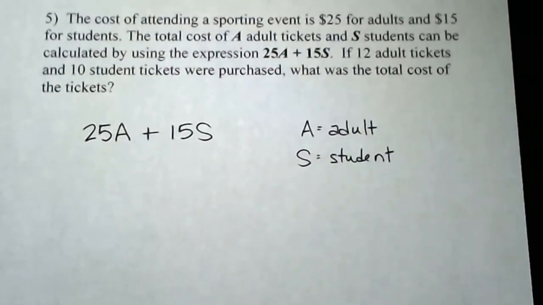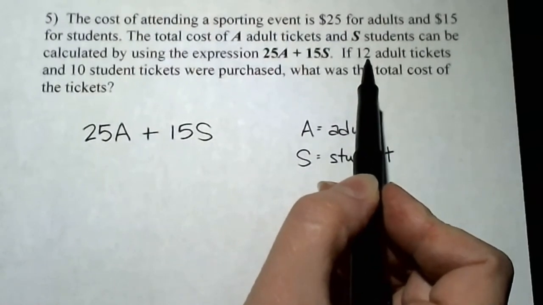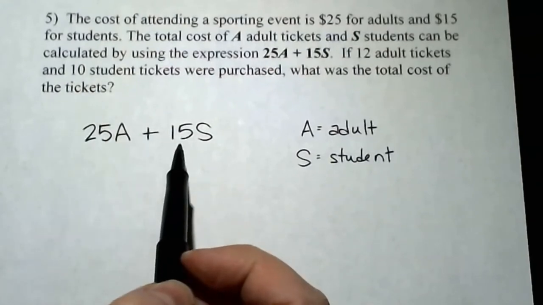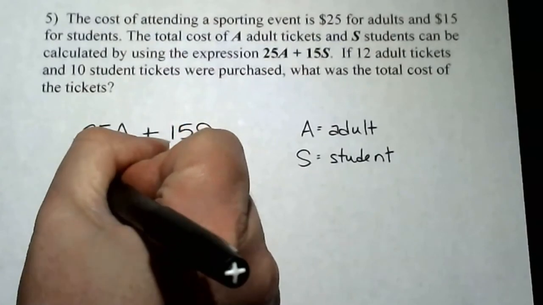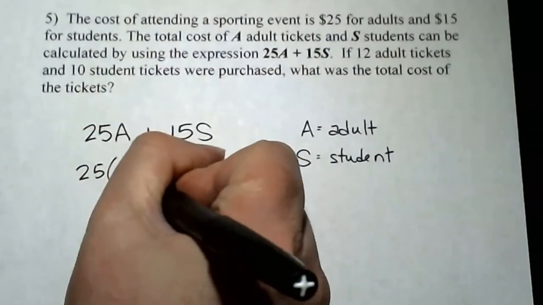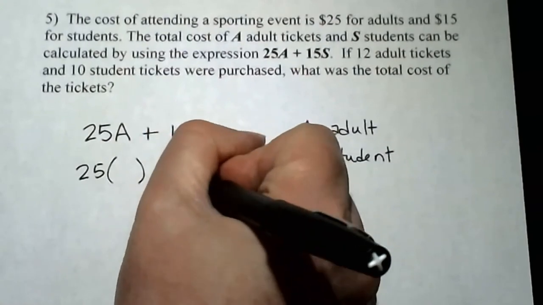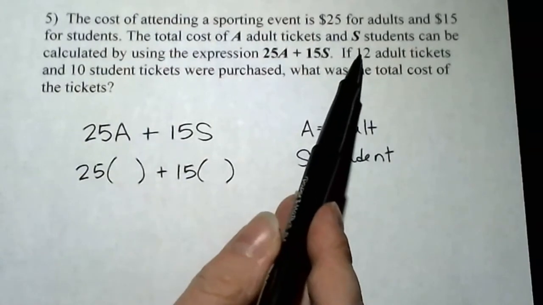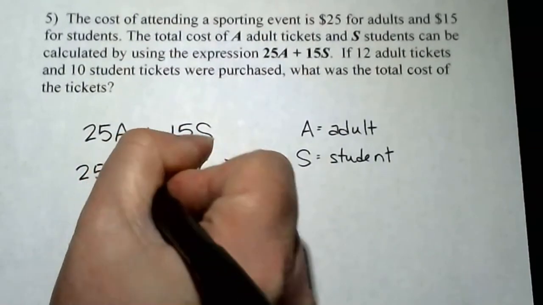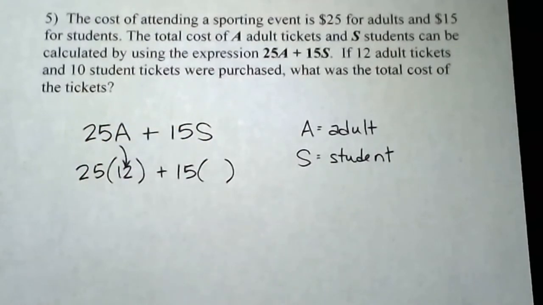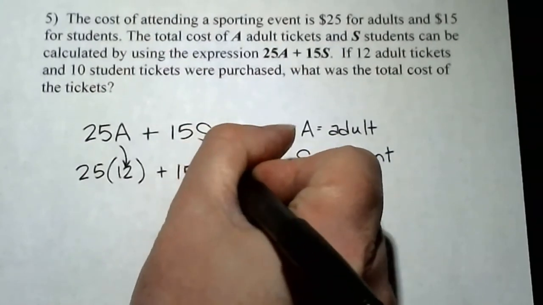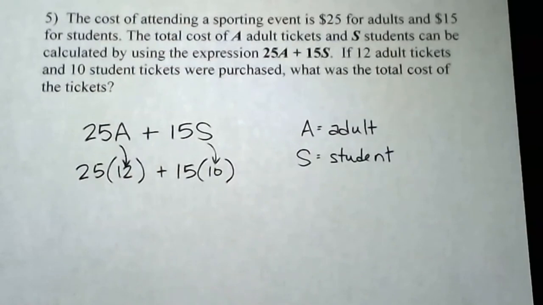And now I'm going to substitute in the amount of adult tickets that they told me and the amount of student tickets that they told me into this expression, and I should be able to solve it and come up with a number. So I'm going to replace the A with a set of parentheses and the S, and then I'm going to substitute in the numbers. There's 12 adults, so that goes here in place of A, and there are 10 student tickets, so that goes there in place of S. Now I'm going to follow the order of operations and work this out.